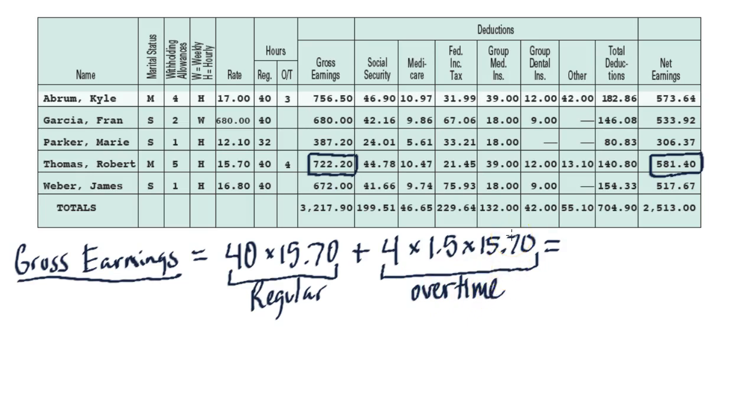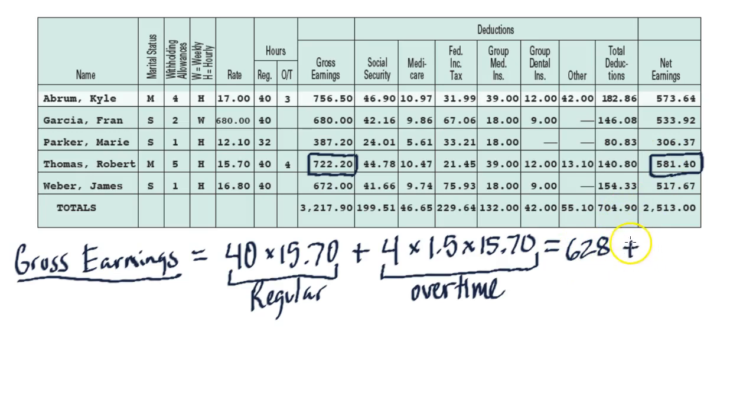Okay, so now it might get a little confusing when you're multiplying this out, and what I would suggest is determining the regular and overtime individually. So 40 times 15.70, let's go ahead and find that out. You'll want to do that on your calculator. So we'll have 40 times 15.70. Multiply those two numbers together, and we get 628.